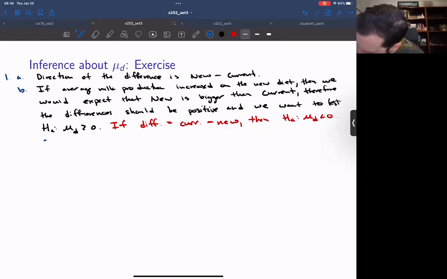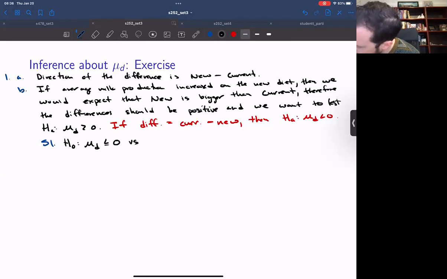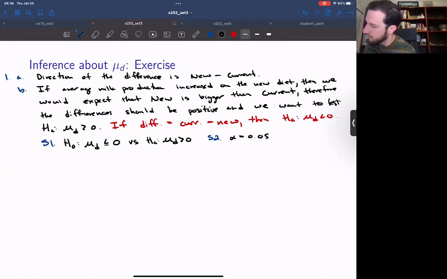All right. So we're going to have H0: mu D less than or equal to 0 versus HA: mu D greater than 0. We're testing at the 5% significance level.